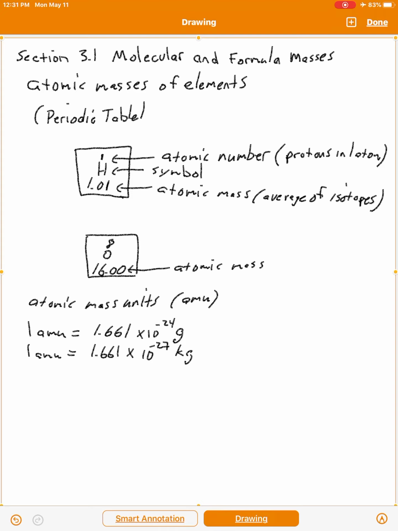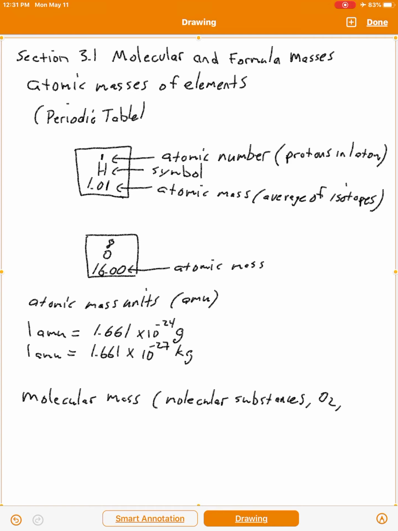So now what we want to do is calculate something called the molecular mass. The molecular mass is done for molecules, for molecular substances. So for example, O2, 2 oxygen atoms, that's molecular oxygen.